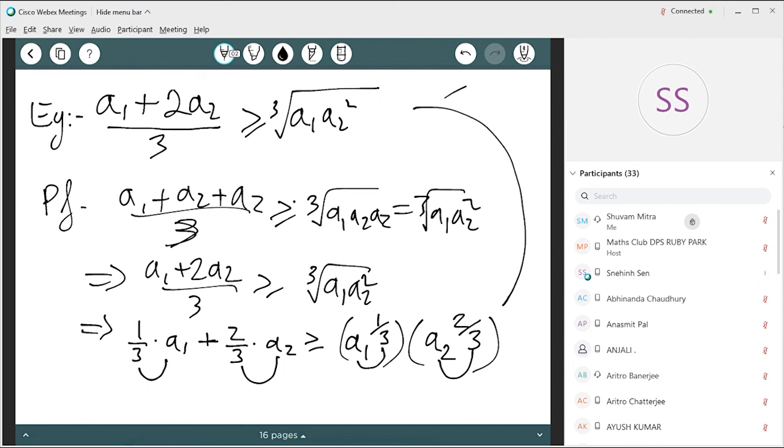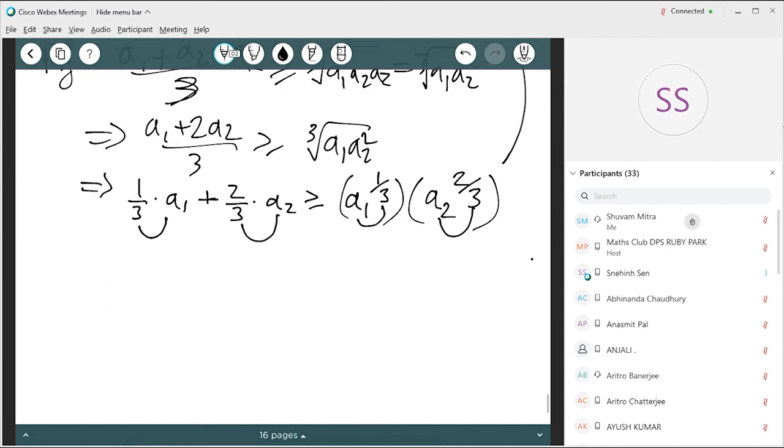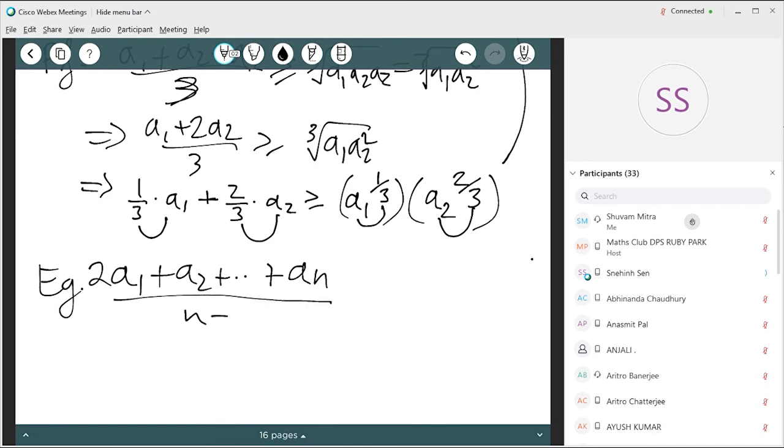And you can do many exercises. For example, I won't prove this or discuss it, but again show this one: (2a1 plus a2 plus dot dot dot plus an) by n plus 1 is greater than or equal to the n plus 1th root of a1 square a2 through an. Just the square is only for a1 and the rest are all single powers.